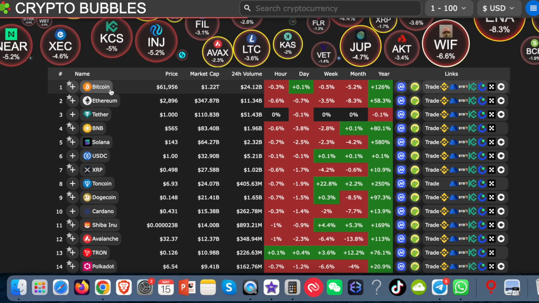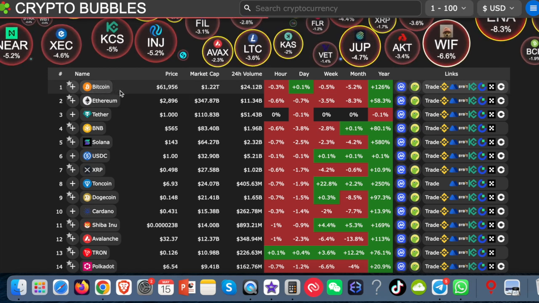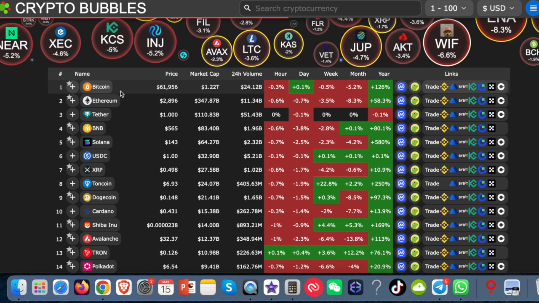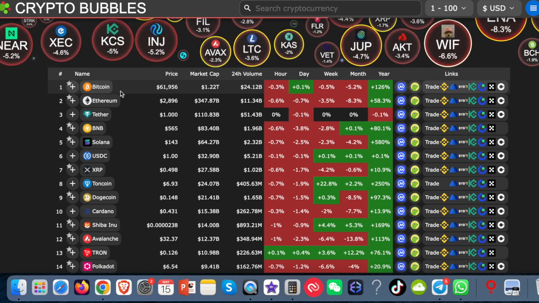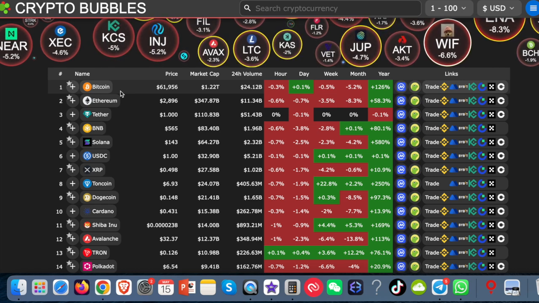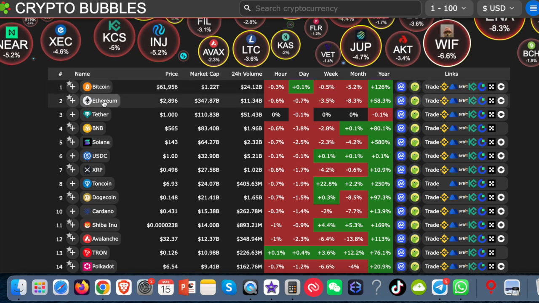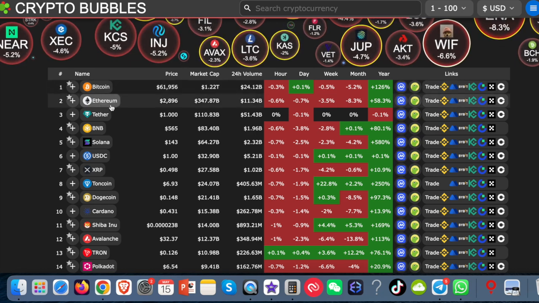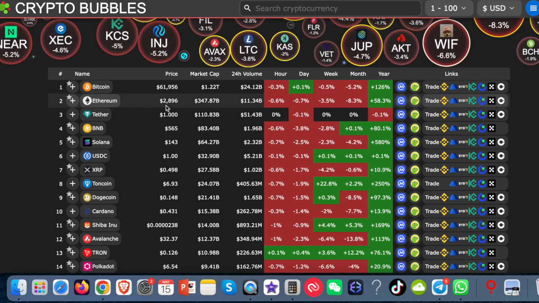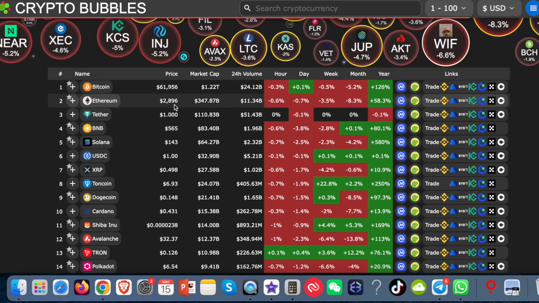So I don't mind setting up a robot that trades Bitcoin. Because if Bitcoin drops down and I'm holding a few $100 or a few $1,000 worth of Bitcoin, I don't care because I've got great confidence that Bitcoin's going to go up. Same with Ethereum. I feel confident that Ethereum's going to go up from the current price, which is what, $2,800.